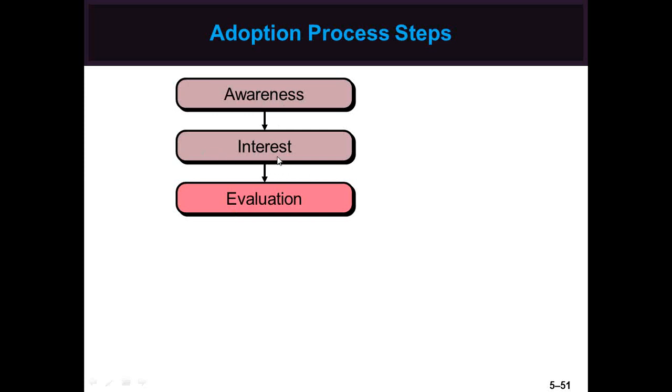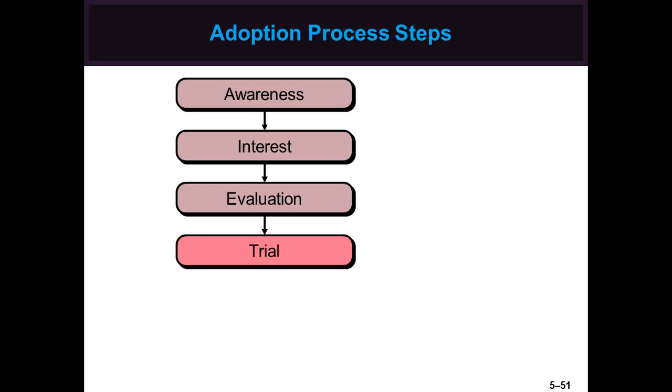If the interest stage is reached, the consumer will gather general information and facts about the product. Then you have the evaluation stage. Here's the stage where the consumer gives the product a mental trial, applying it to his or her own personal situation. And in the trial phase, the consumer may buy the product to experiment with it in use.